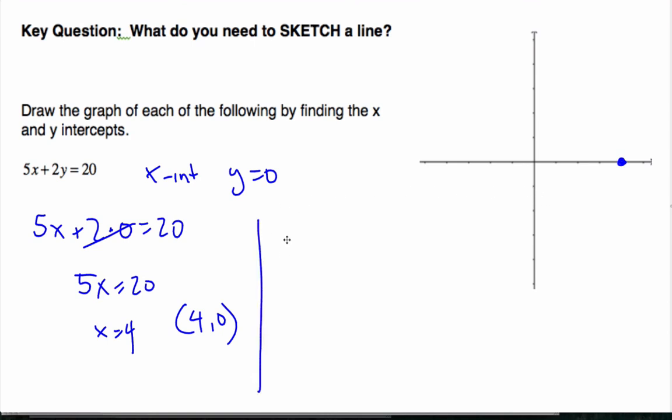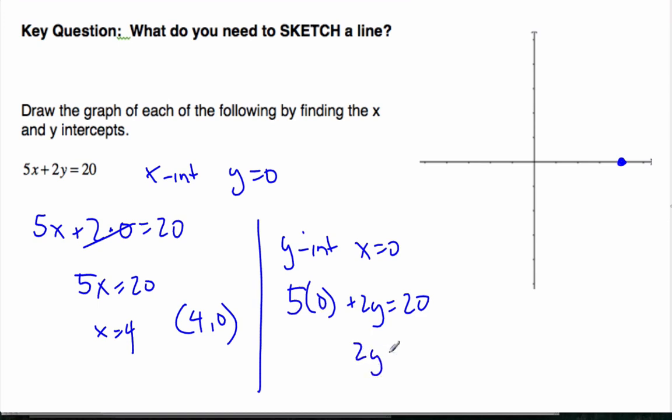If I now want to find the y-intercept, I make x equal to 0, which means it's 5 times 0, plus 2y is equal to 20. Well, 5 times 0 is 0, so it's 2y is equal to 20, and y is equal to 10. And so the coordinate is x is 0, y is 10.